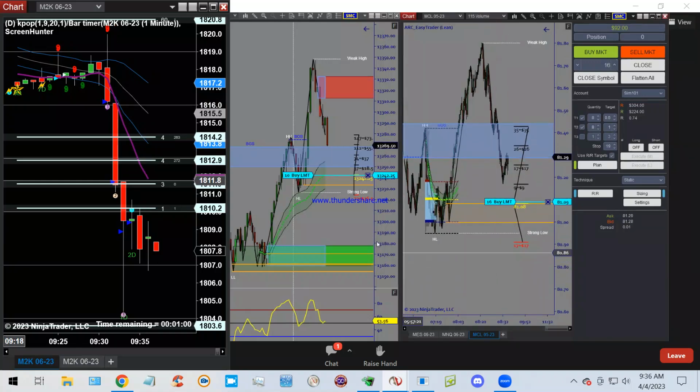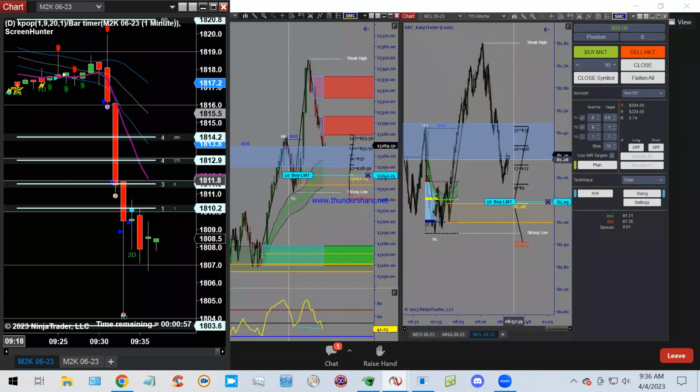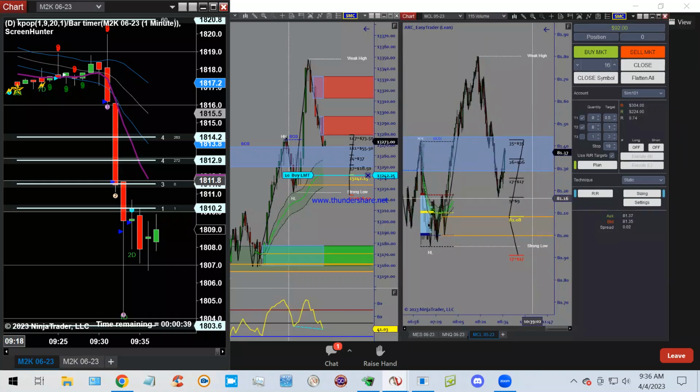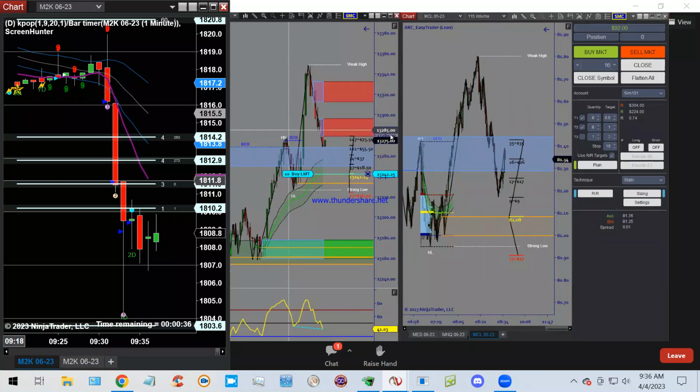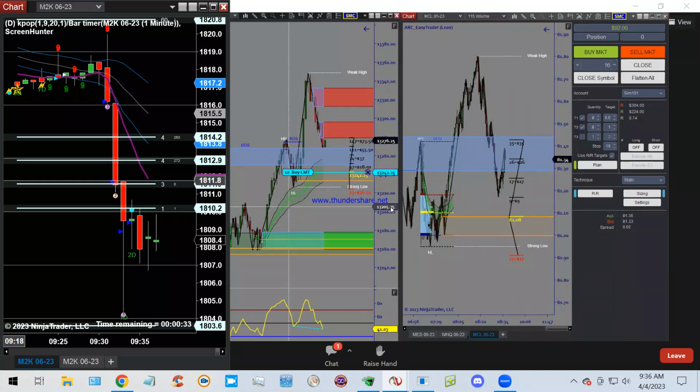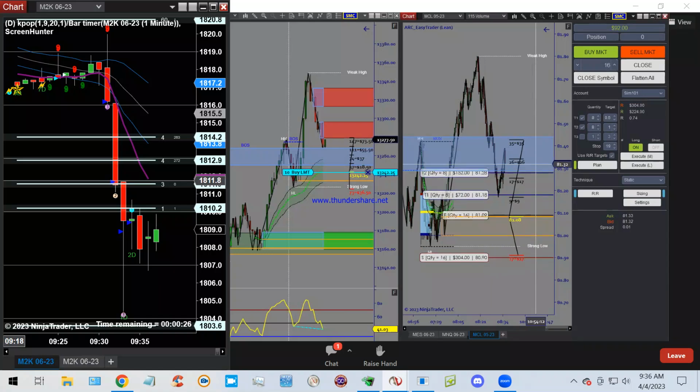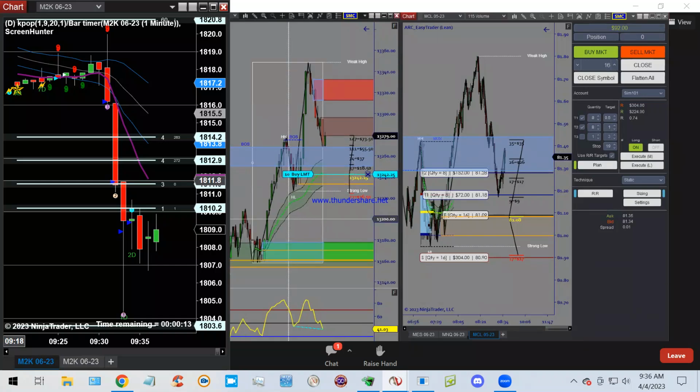Might not get the crude pullback. Waiting for the pullback.